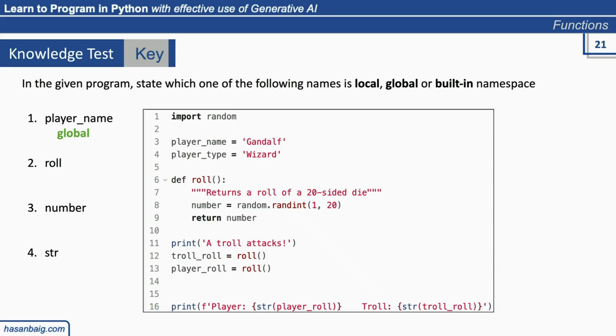Where do you see role in this code? Definition means you are defining it. So do you think it is something built-in, or something that you are defining? It's clearly not built-in because you're defining it, right? So now built-in is filtered out. You have only two options left, global or local.